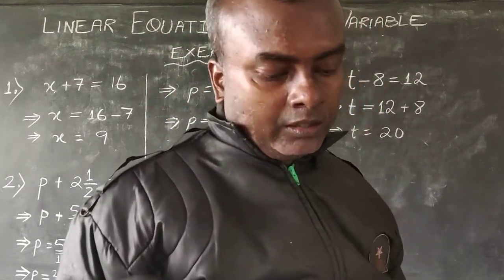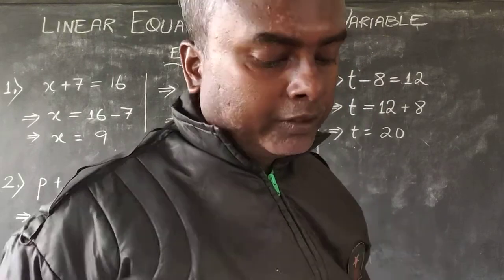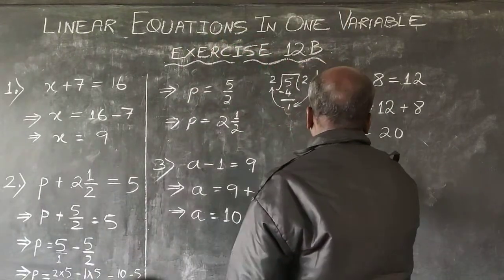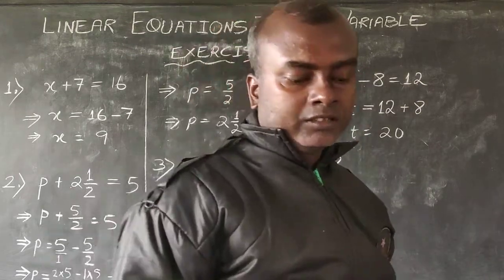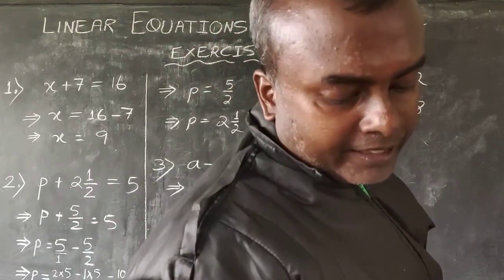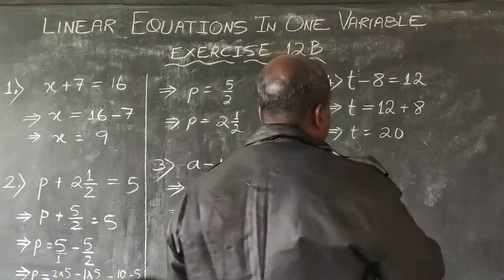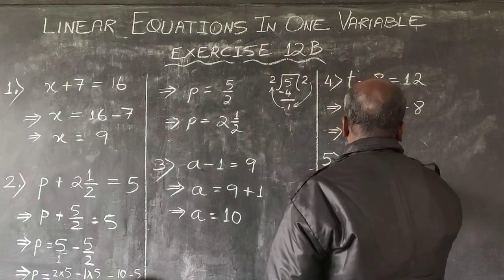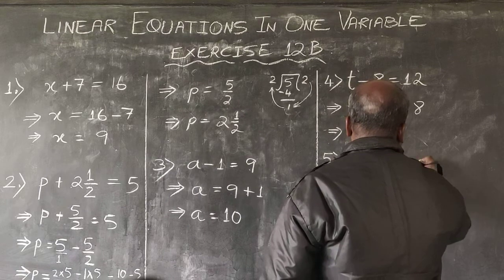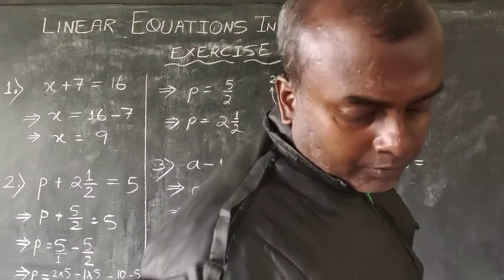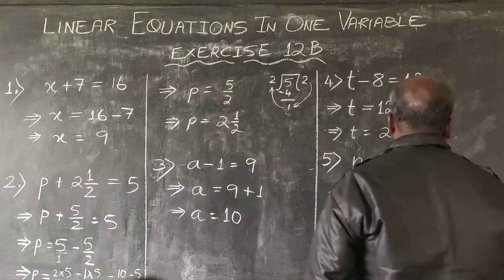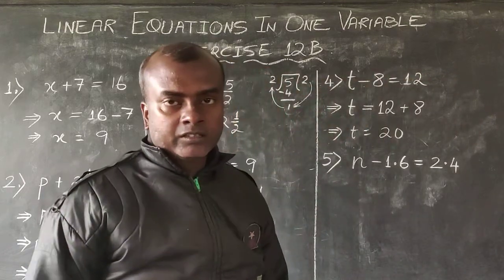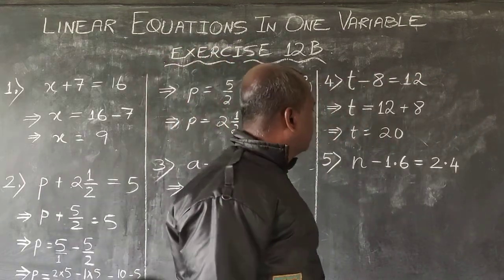Okay. Likewise, we have question number 5. Now question number 5 is given in decimals, decimal numbers. N minus 1.6 equals to 2.4, and we are using shifting method, transportation method.